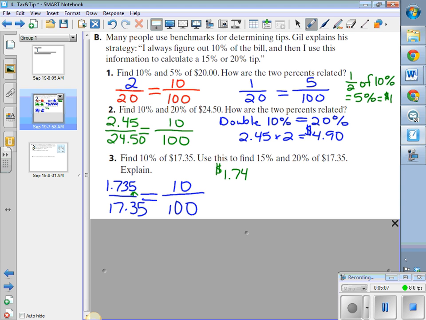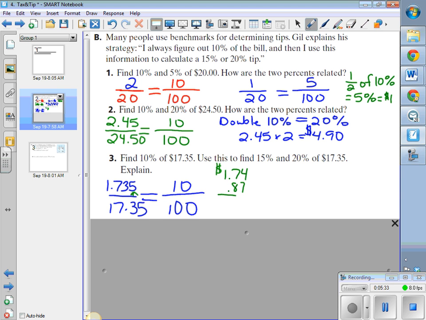So 15% is going to be 10% plus 5%. So half of this is, let's see, 87 cents.